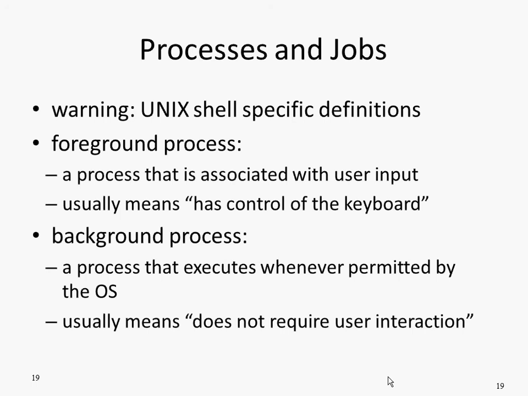Now, what's a job? It is a process. All jobs are processes, but it's a certain type of process. What type of process? A job is a running or a suspended process. So that much is true. What sort of running process?